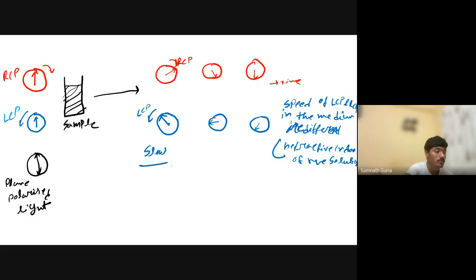So that means this is slow, high interaction, and over here it is low interaction.